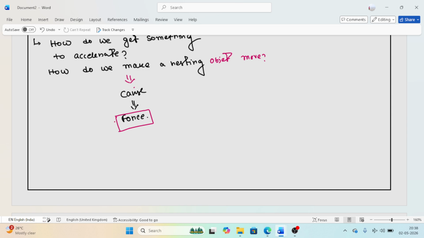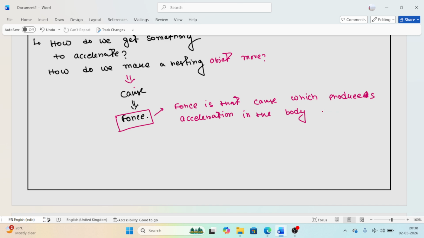You define force this way: force is that cause which produces acceleration in the body on which it acts. Right? So this is the force.